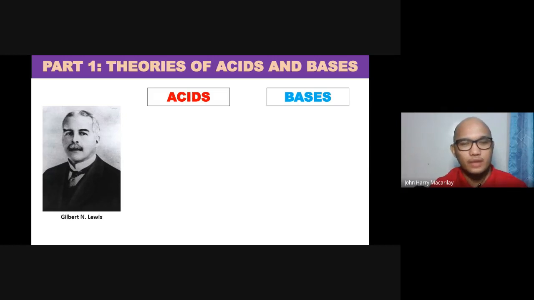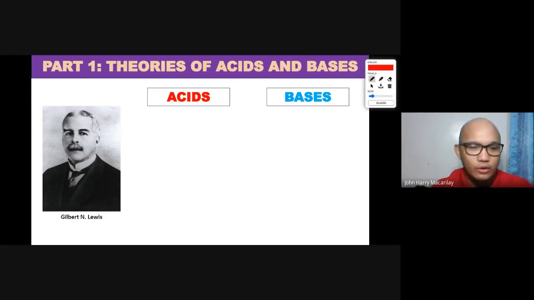So for example, the next theory is your Lewis theory, so Lewis acids and Lewis bases, which was introduced by Gilbert Lewis. This is one of the limitations of your Arrhenius theory, that not all acids will liberate hydrogen and not all bases will liberate a hydroxyl ion. So according to this theory, an acid is an electron pair acceptor, and a base is an electron pair donor.